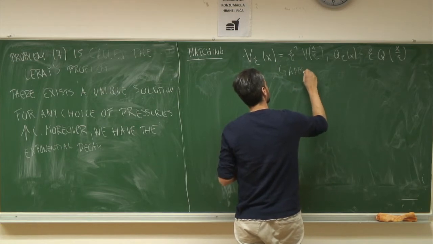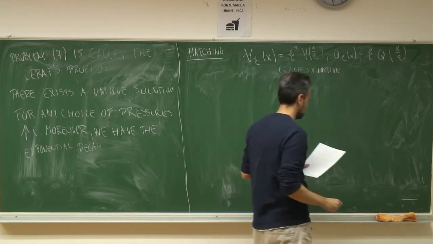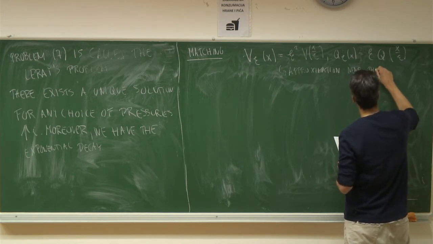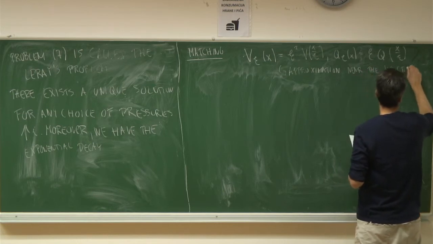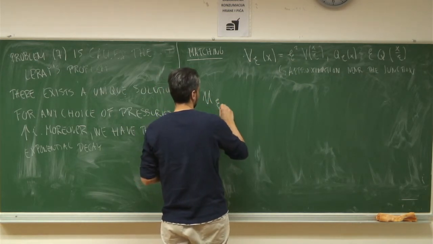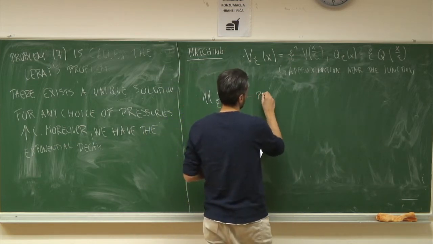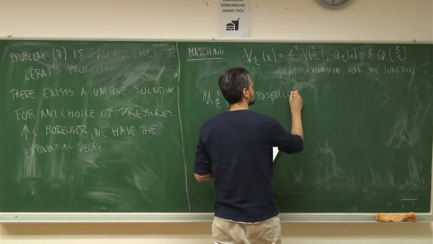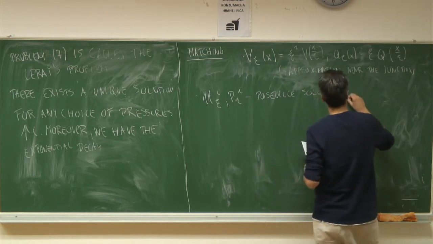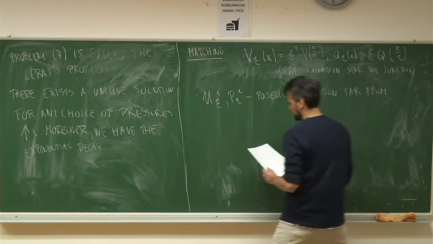So this is the approximation near the junction, as we mentioned. And far from the junction, u epsilon I is the Poiseuille solution far from the junction.